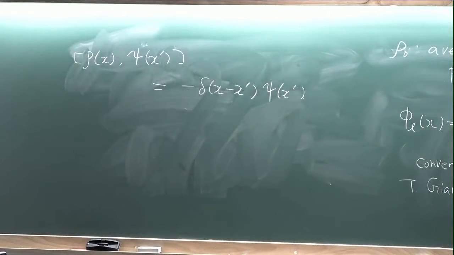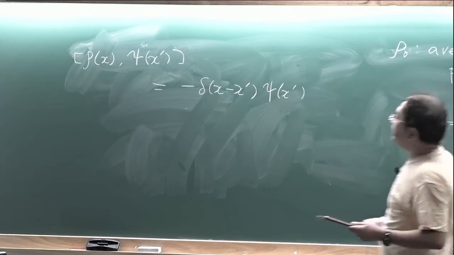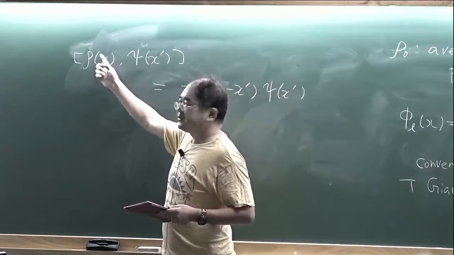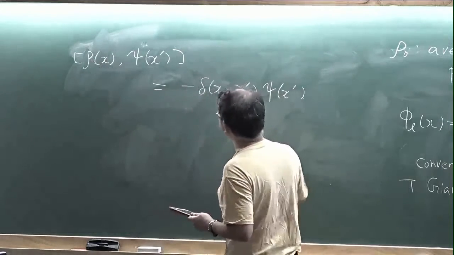We must have this relation because of the definition of the annihilation operator. And this psi x consists of this square root of rho and this phase part, but the square root of rho commutes with this density operator.